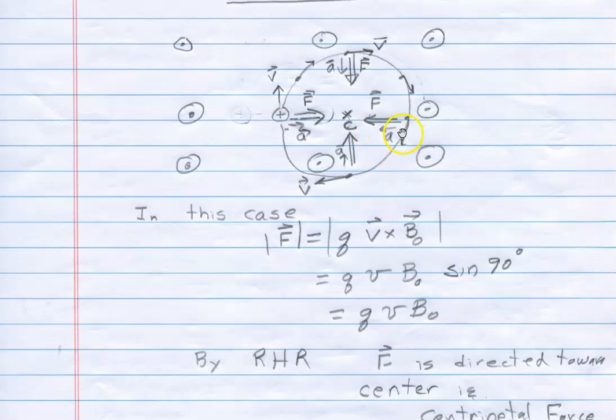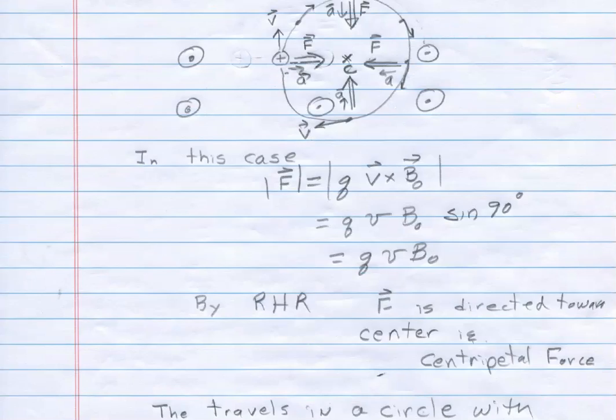And acceleration always points in the direction of the net force, which is always toward the center. So I could also draw the accelerations all the way around here. The acceleration is always toward the center, and so we've got a case of centripetal acceleration. Moreover, F equals ma, so if the force is constant, divide that by m, which is constant, and you find that it has a constant acceleration always toward the center.